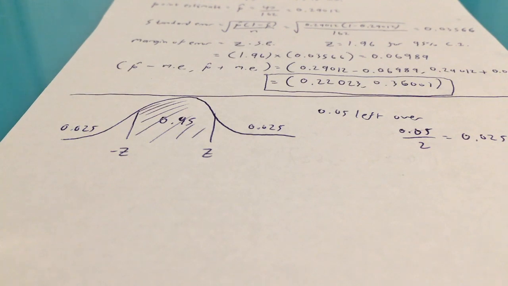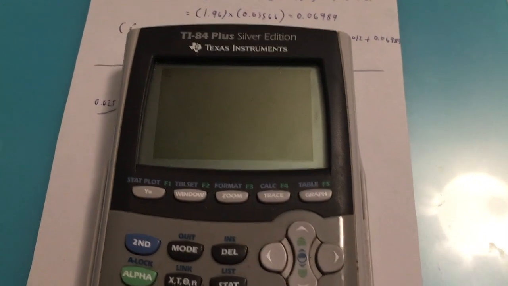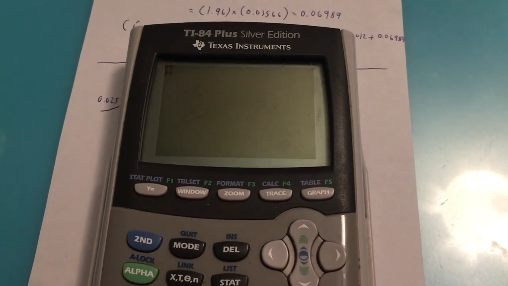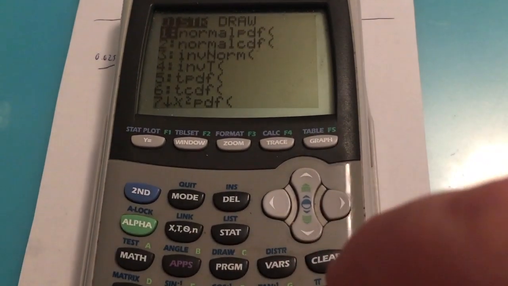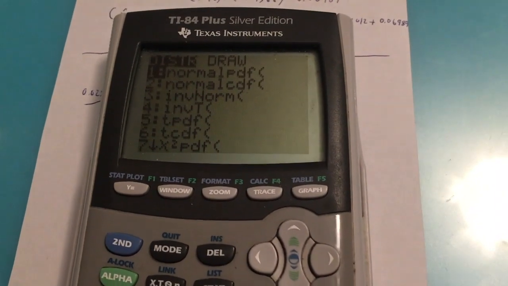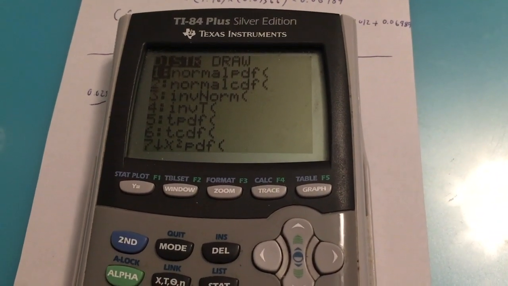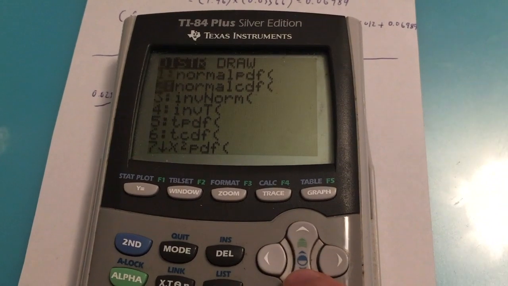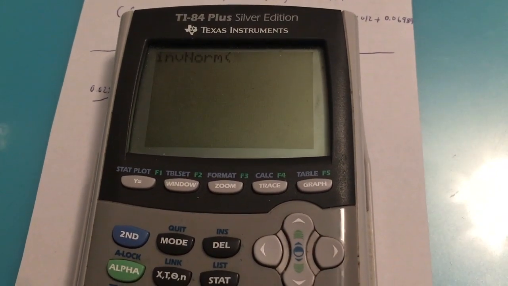Well, you can use a computer program or your normal table in the back of your statistics book. I'm going to show you how to do this on the TI-84 graphing calculator. Here's how we get the z-score. We do second vars, which will bring up the distribution menu, and because we are given a probability and want to find the z-score, we're going to go with the third option, which is inverse norm.